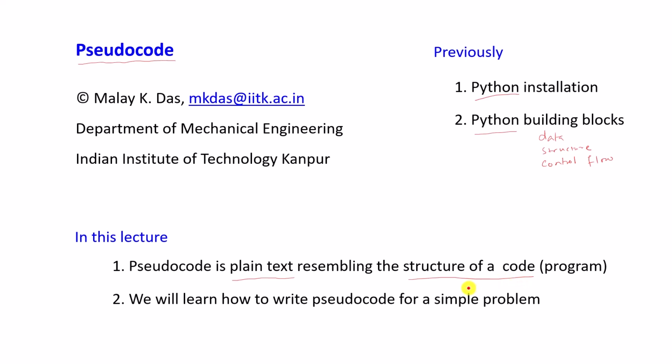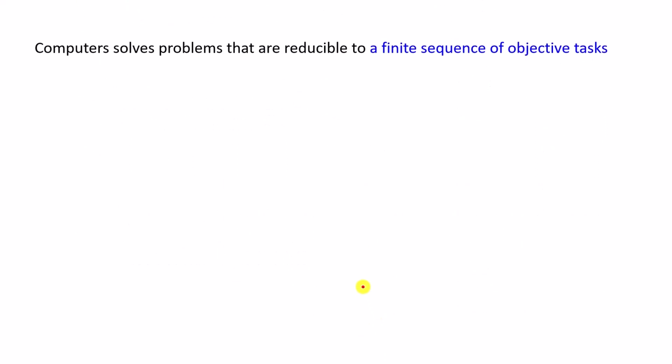In this lecture, we'll take up a very simple problem that we all understand, and we'll try to write a pseudocode for that. When you use computers for solving a problem, not all problems can be solved. We solve problems that we can reduce to a finite sequence of objective tasks.